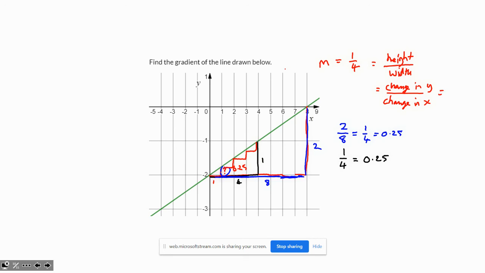Some people write change in as a delta symbol, which is a small triangle, Greek letter delta. So delta y, change in y, divided by delta x, change in x. Just to make that really clear: delta change in y divided by change in x, and that's the general formula for the gradient of any line.